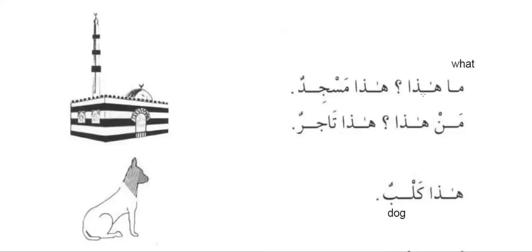ما هذا? Pointing to this picture. What is this? هذا مسجد. من هذا? Who is this? هذا تاجر.